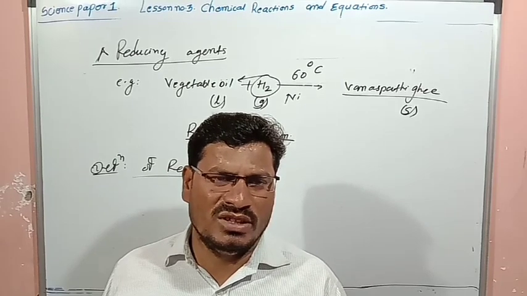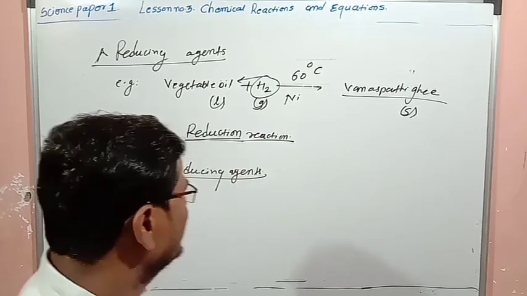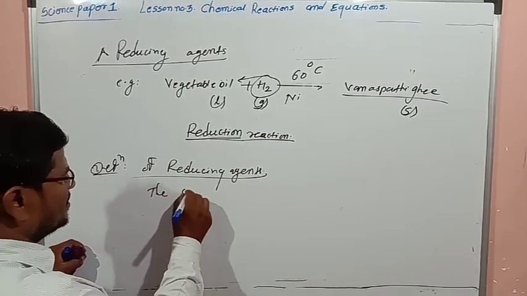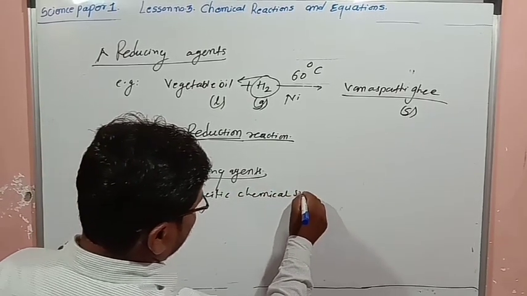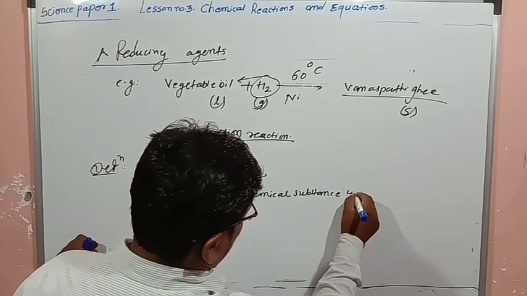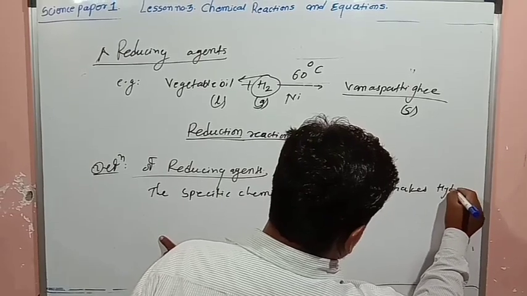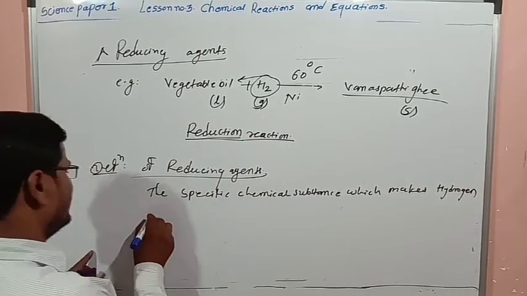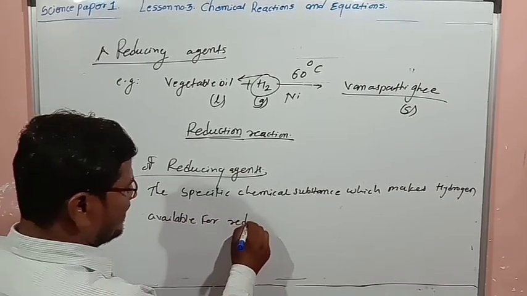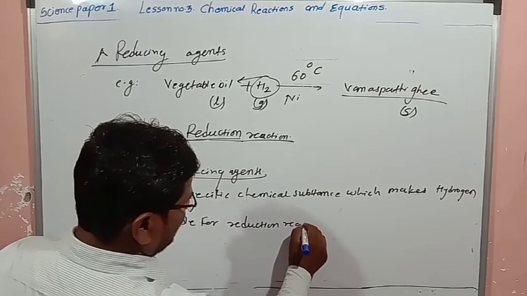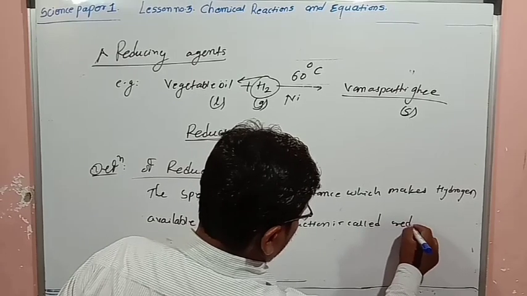Or the chemical substance which supplies hydrogen to carry out the reduction reaction is called a reducing agent.